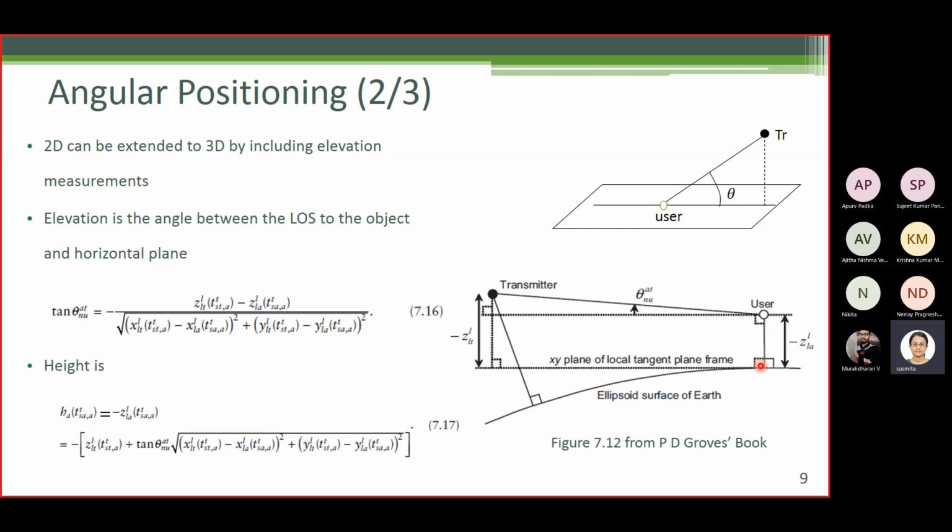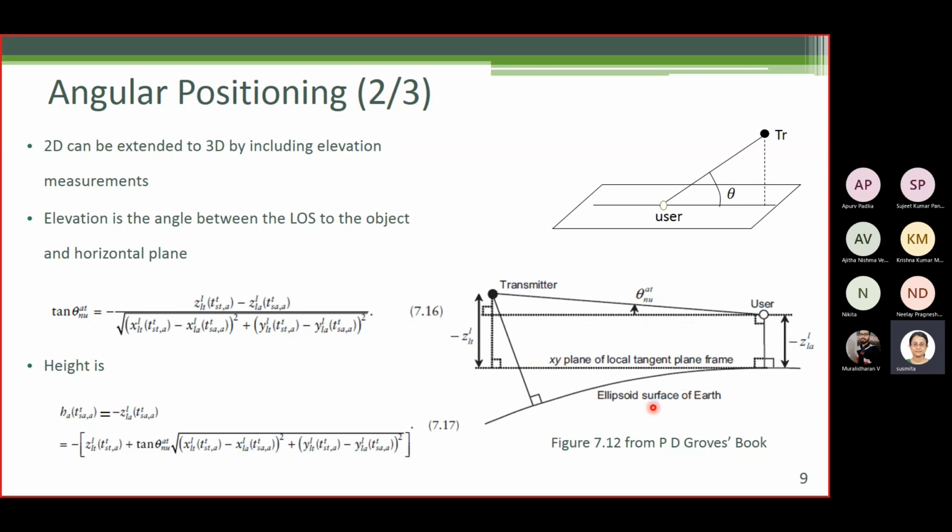Then we draw an XY plane. This is called the local tangent frame because it is tangential to the Earth's surface, passing through the projection of the user on the Earth's surface. So this is the projection of the user on the Earth's surface, and we know its coordinates because we have already calculated the XY coordinates of the user. Through this point, we draw this XY plane tangential to the Earth's surface.